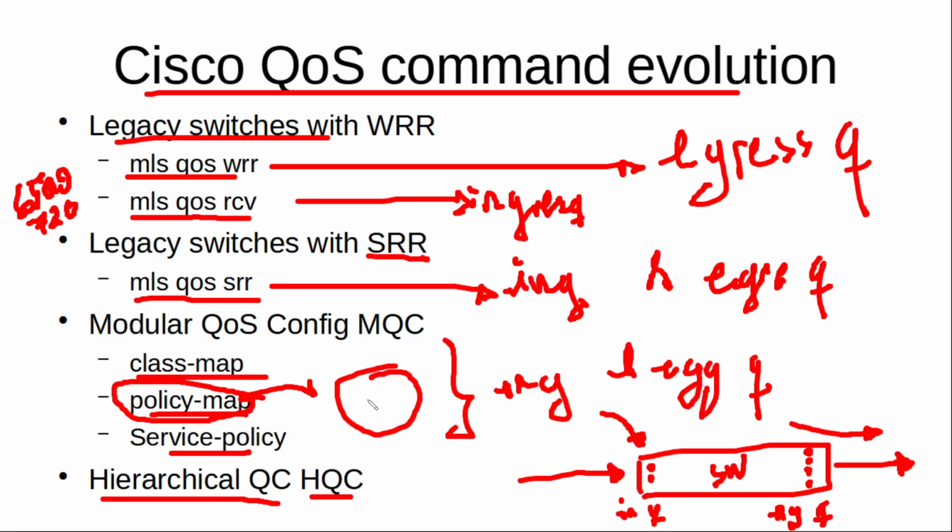So you can do complex quality of service things there, such as complex policing with hierarchical QoS. This is also available in more recent switches. So this will be the evolution of the commands.